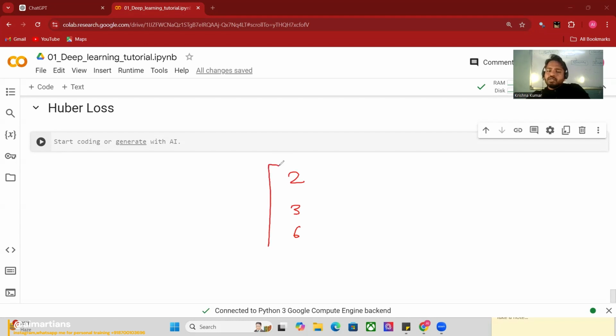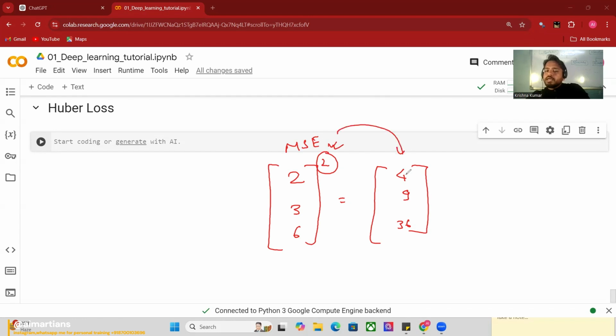Mean square simply squares these values, so the new values I will get are 4, 9, and 36. This is mean square error loss. It simply squares all the values and gives us a larger entity, so we are easily able to reduce the value of the loss.